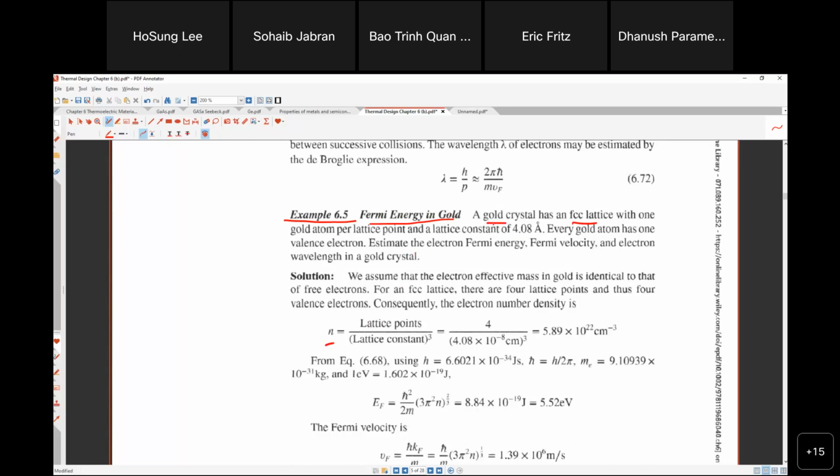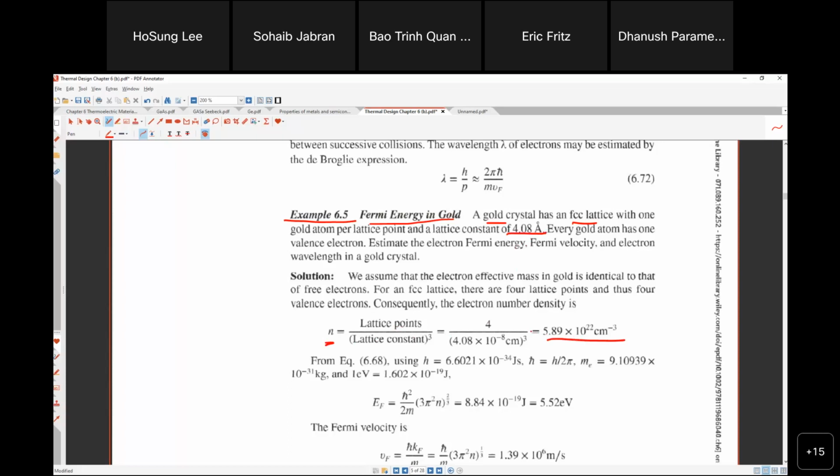That's why we know the number of valence electrons for any element; for gold it is 1. So if it is 1, then for the lattice point, there are 4 FCC atoms. So we figure out the total number of electrons.